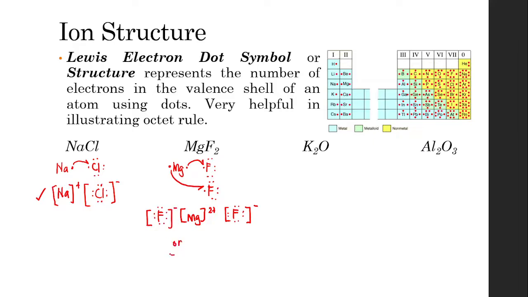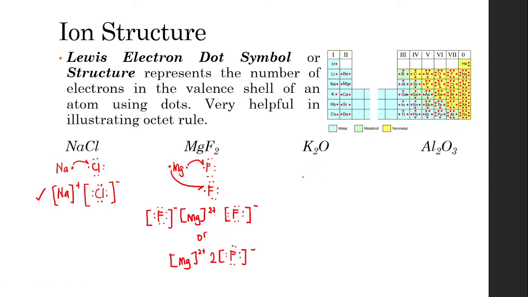Or you can also write it this way, Mg 2 plus and 2 fluorine, each with 8 electrons, negative. So you can either write it this way or this way.